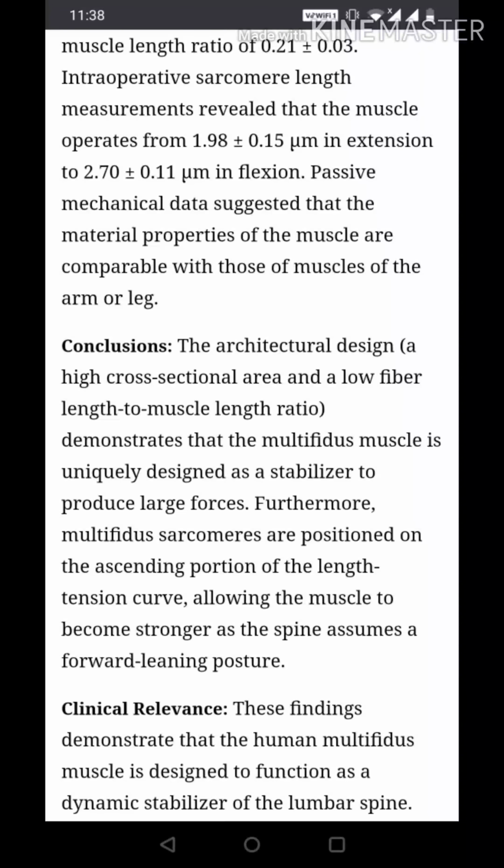The conclusion was the high cross-sectional area and a low fiber length to muscle length ratio, which means that the sarcomere length was very small as compared to muscle length, and hence it will attain a greater tension at a very small change in the length, contributing to the stabilization as smoothly as possible.